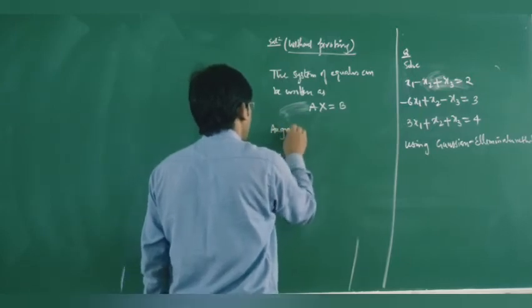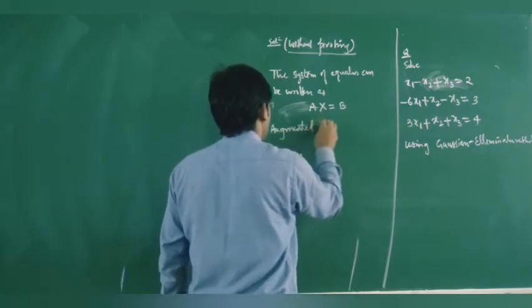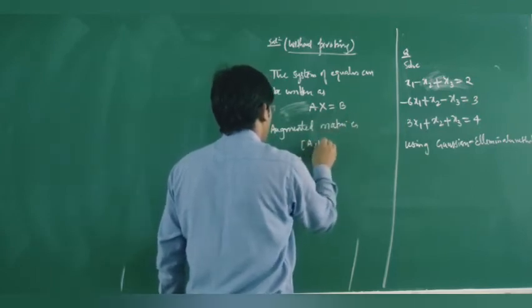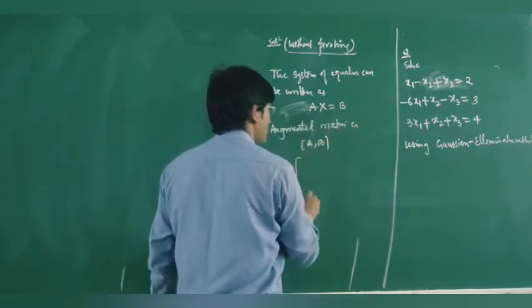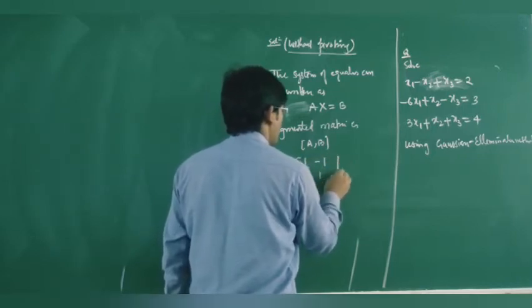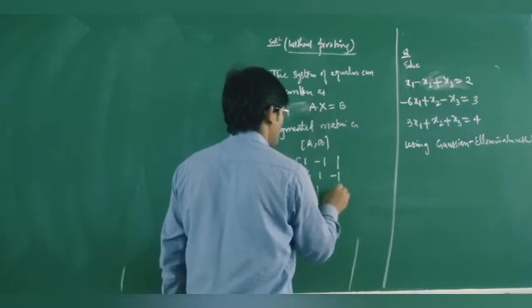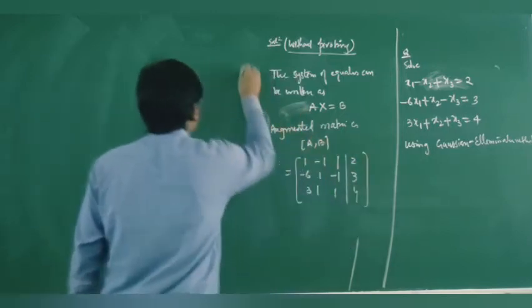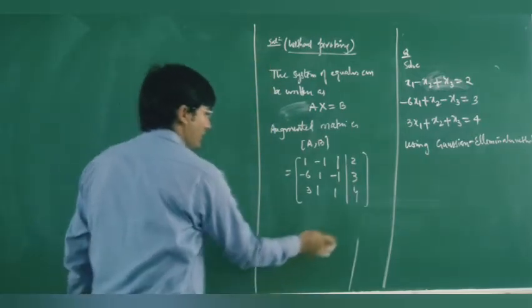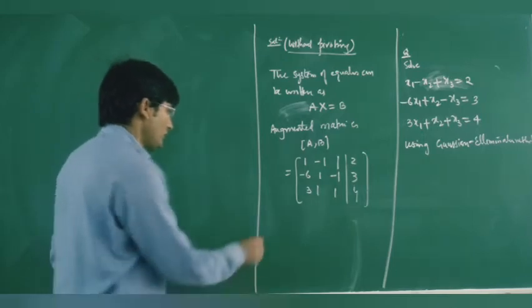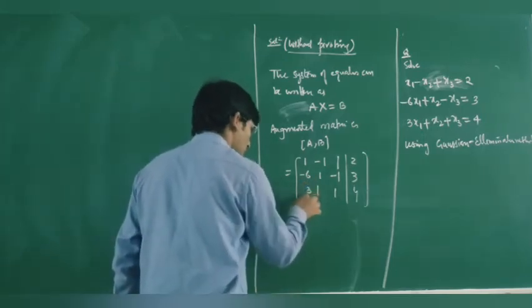Your augmented matrix is A comma B. So this is your 1 minus 1 1, then we have minus 6 1 minus 1, then we have 3 1 1, and then in the right hand side we have 2 3 4.